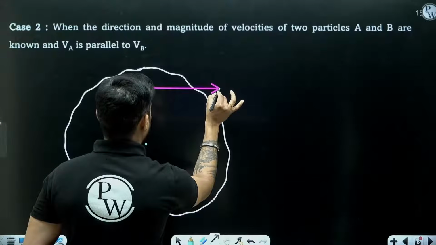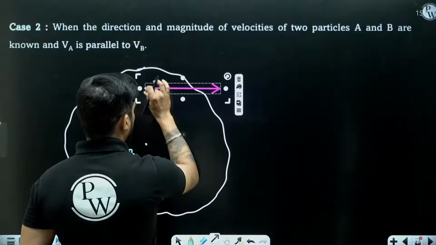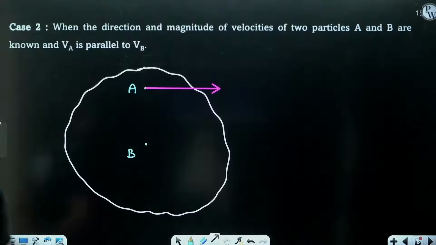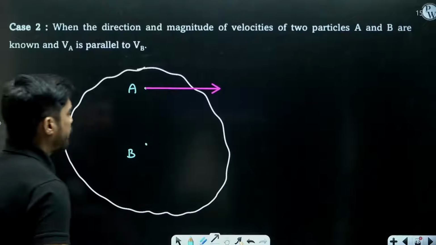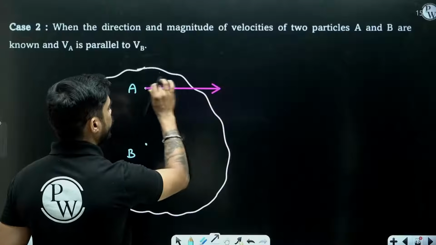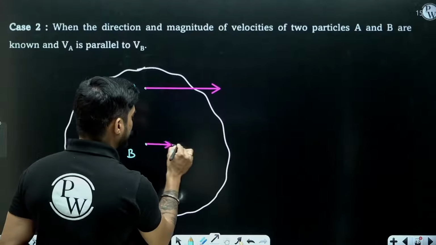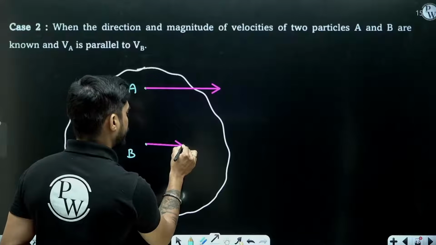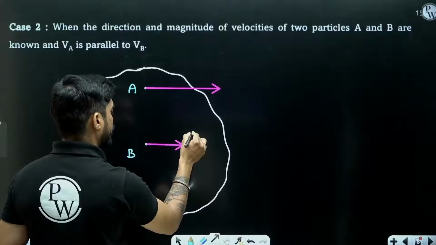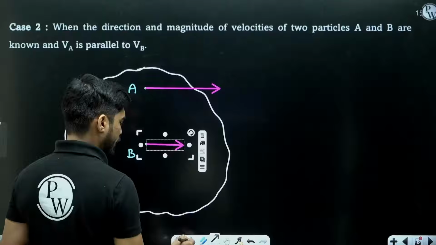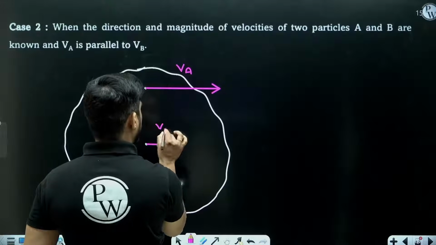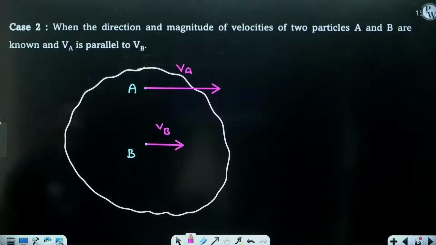I'm just assuming, okay? So this is the velocity of A, 10 meter per second. Let's say VB is 5 meter per second. Now, if I am drawing 10 centimeter line for VA, I will draw 5 centimeter line for VB because VA is 10 meter per second, VB is 5 meter per second. So we know the direction as well as the magnitude of VA and VB.